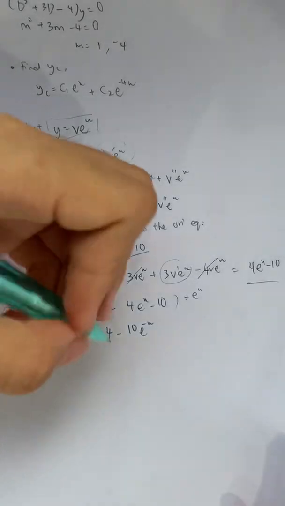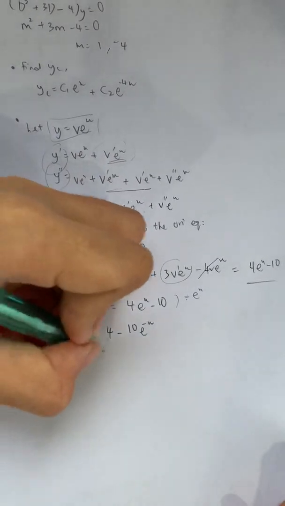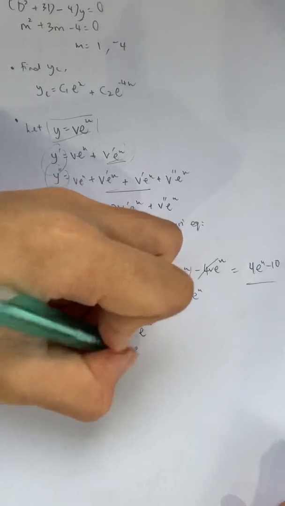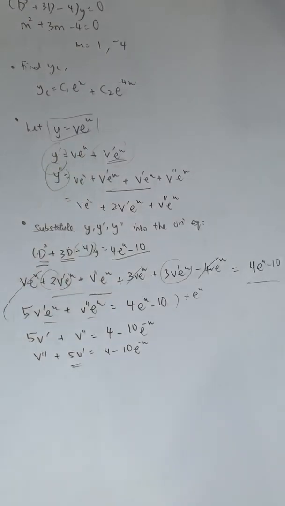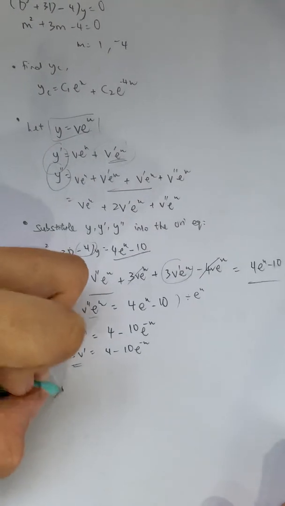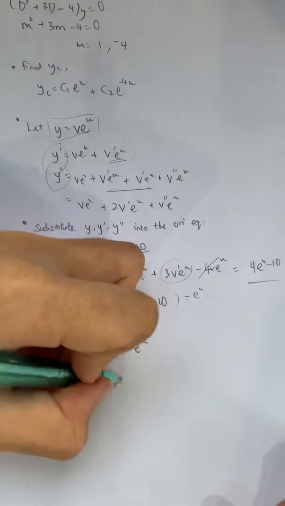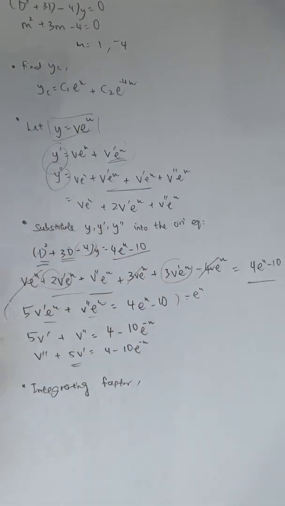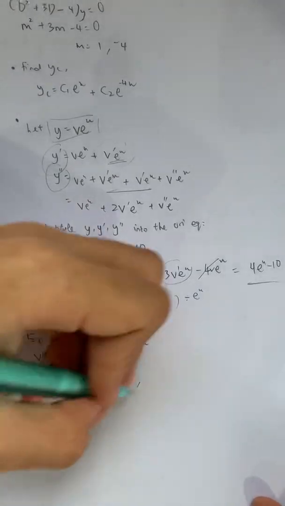Okay, from this equation we also can write like this to see where is P(x), because we need to apply the concept of integrating factor. So the next step is integrating factor. From this we know the value of P(x) is 5.